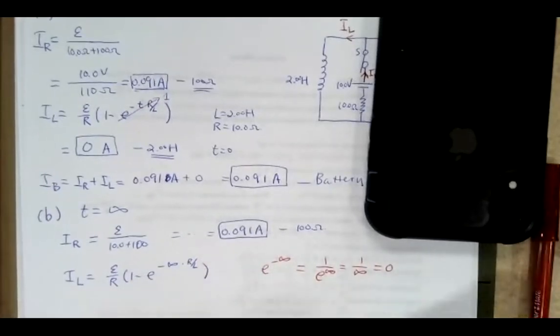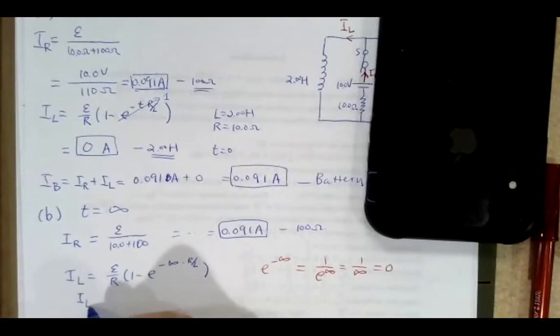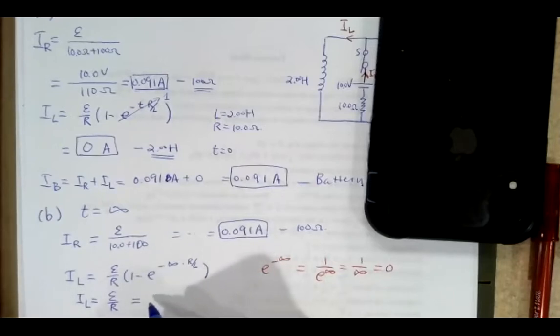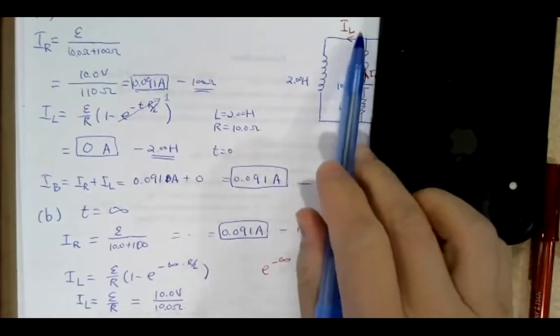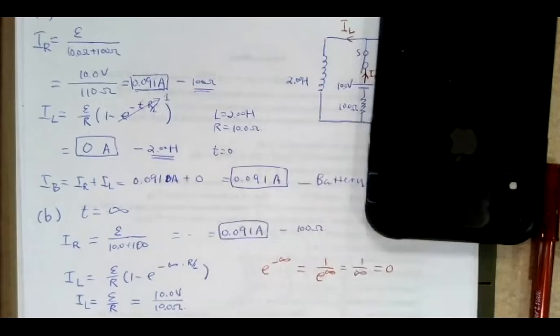So a long time after, your current in the inductor should be just epsilon over R because of 1 minus 0. And again, R will be 10, so this will be 10 volts over 10.0 ohms. You are just looking at the left side of the circuit.